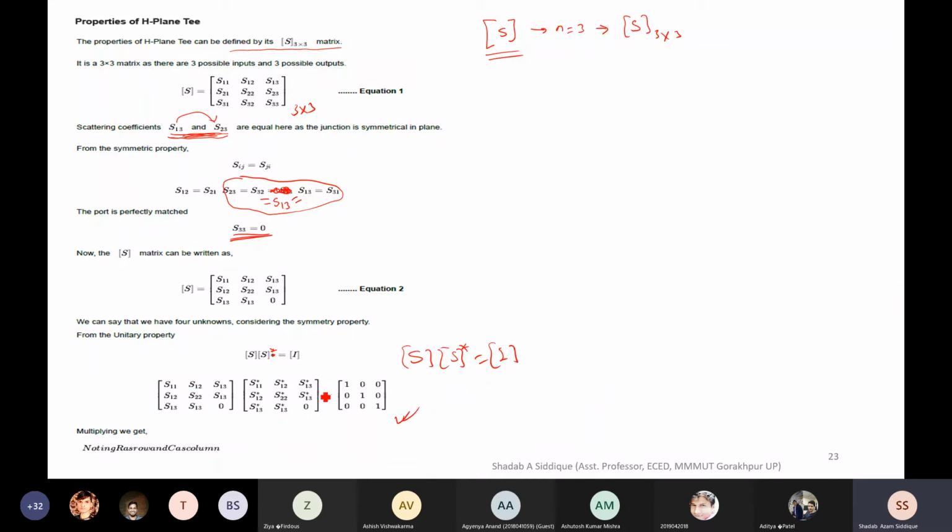You can write all the equations if you want, but I'll take the first row and first column to get 1. So S11 S11 star plus S12 S12 star plus S13 S13 star is equal to 1, that is, S11 squared plus S12 squared plus S13 squared equals 1. This is equation A.